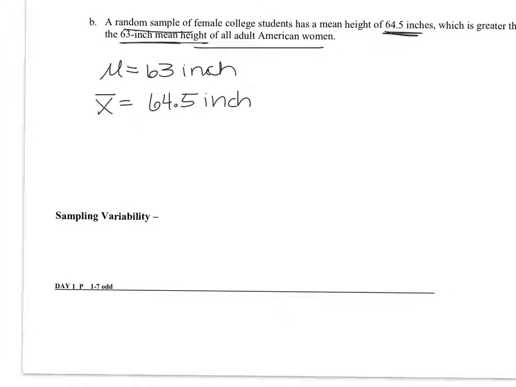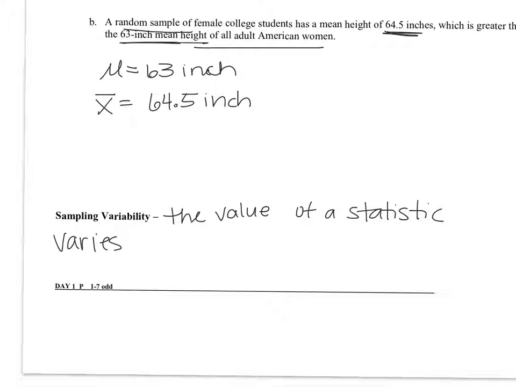So now let's talk about sampling variability. Sampling variability is how the value of a statistic varies in repeated random sampling.